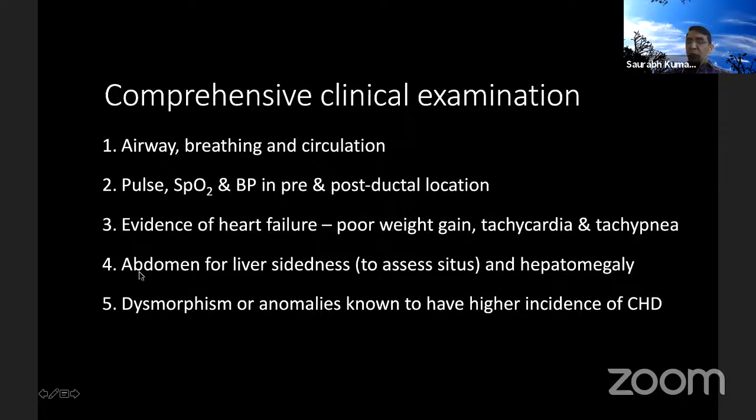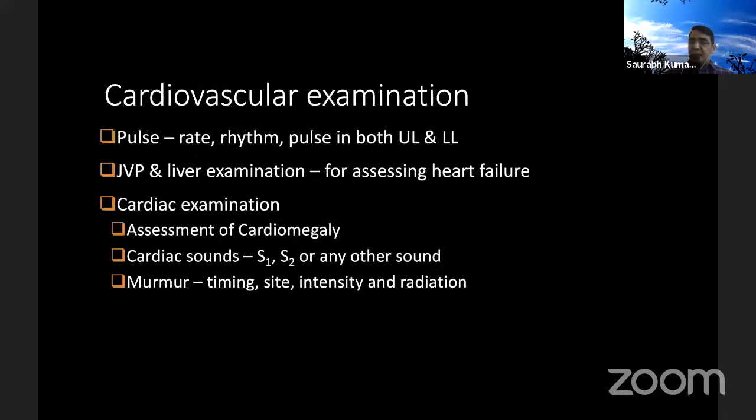We must also include the abdomen for liver sidedness, because this gives us clues about whether we are dealing with situs solitus when the liver is on the right side, situs inversus when the liver is on the left side, or heterotaxy syndrome or situs ambiguus when the liver is in the midline. Dysmorphism or other congenital anomalies also suggest that the patient may have congenital heart disease.